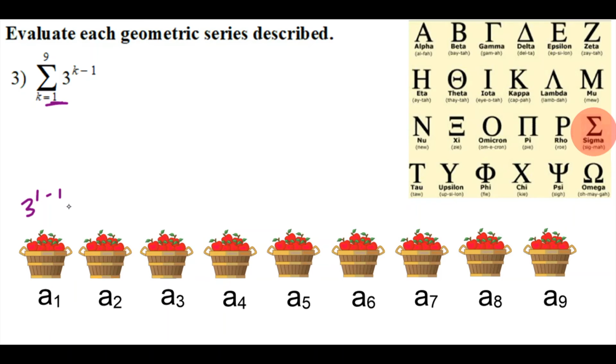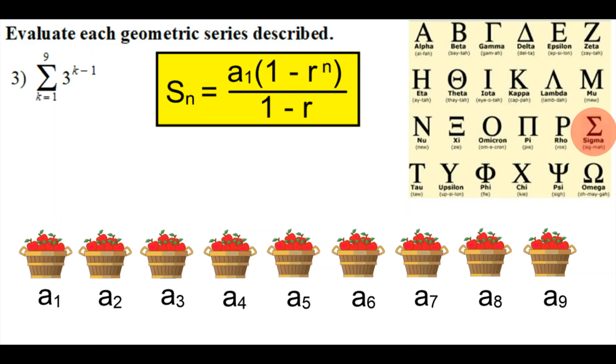That's 3 to the 0, which is 1. And then we would plug in 2, and so that's going to be 3 to the first power, which is 3. And then if you wanted to keep going, plug in 3. That's 3 squared, which is 9. And we could keep going on and on. But I don't want to do that. That's more work than I need to do because we have a formula for this.